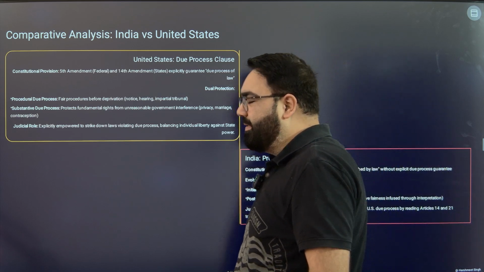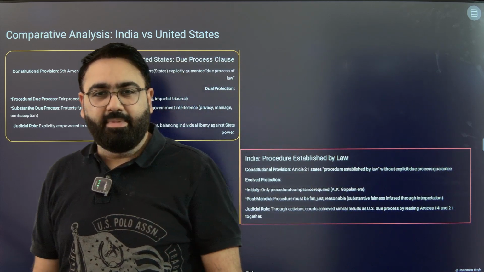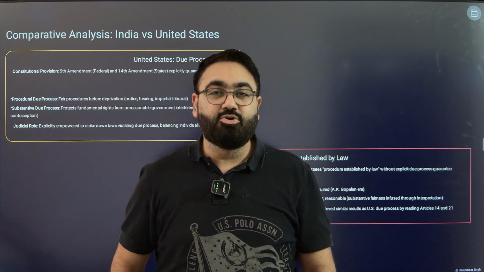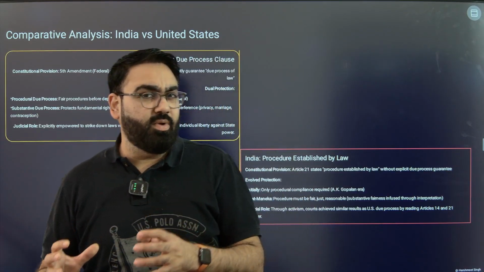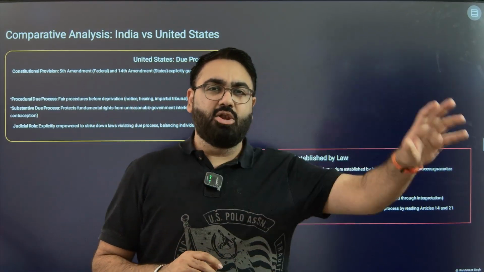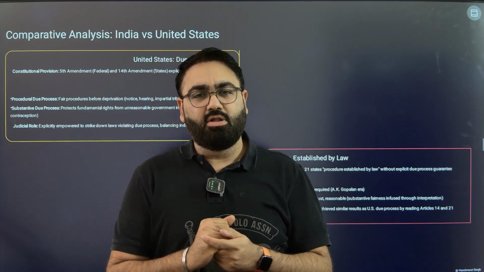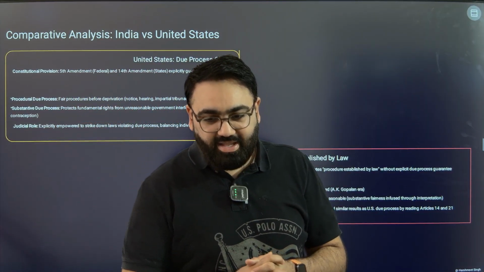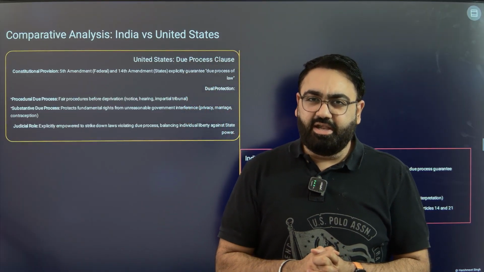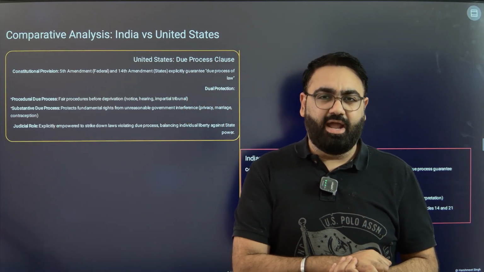This is how you can compare the two. Now, India and America, both the Supreme Courts utilize due process of law. In India, it is still very much related to Article 21. In America, all the laws, not just Article 21 related, all the laws are judged on the idea of due process of law, on the idea whether they are fair and just. In India, at least with Article 21, it has been the case.